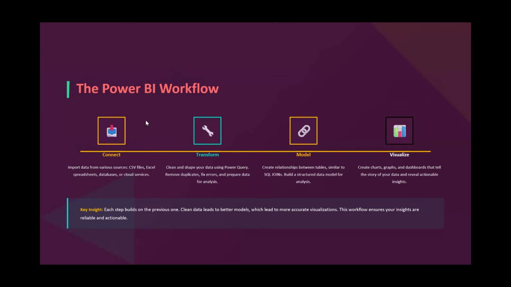And remember that each step that we mentioned builds on the last one. A strong foundation in the first 3 steps guarantees that your visualizations are accurate and impactful. Transformation is very important.